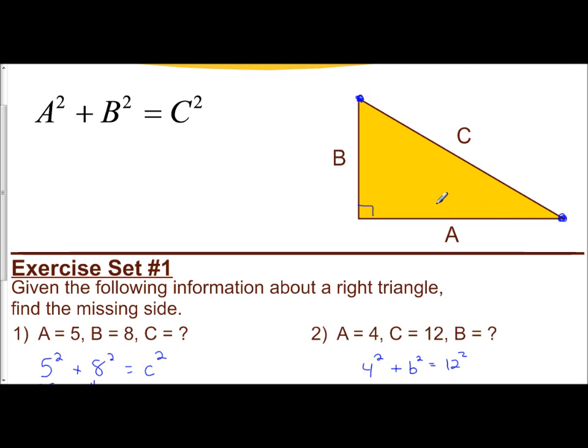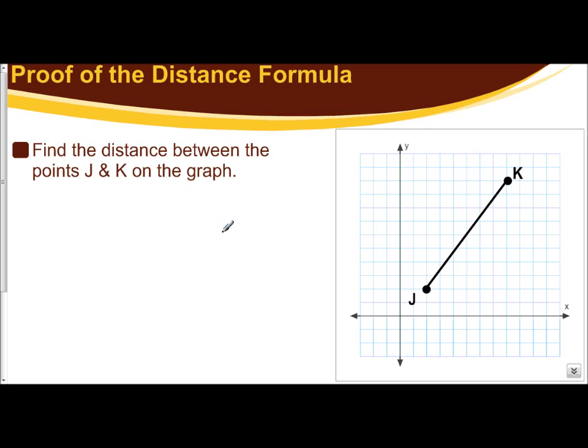And so the way this helps us with the distance formula is if I want to find the distance from J to K, what I can do is first off label the coordinates. Now I'm not going to label the coordinates with the numbers. I'm going to label the coordinates with variables. And so this first point that I see, I'm going to label as x1, y1.